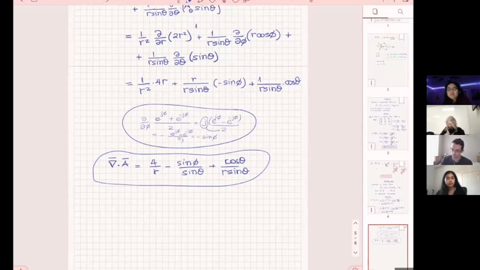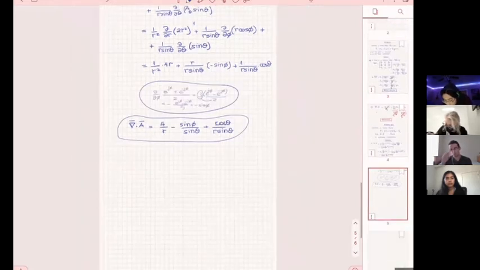Now you can do the same in spherical coordinates. That tends to be the most complex, because the cross product is even more complex. I can write the cross product for you, but I will not do it. It's a very complex thing.